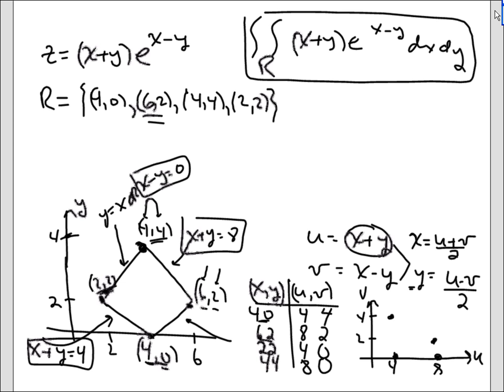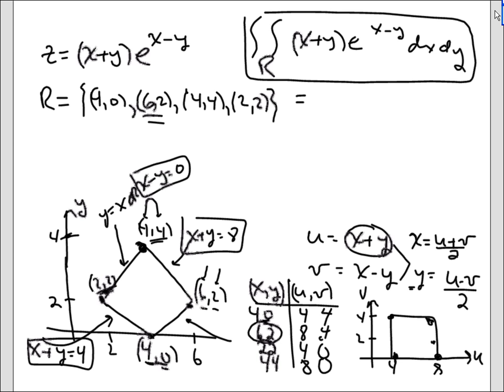You add the x and y's, and you subtract. X minus y. 6 minus 2 is 4. So it wasn't 8, 2, but rather 8, 4. And it's a nice square.